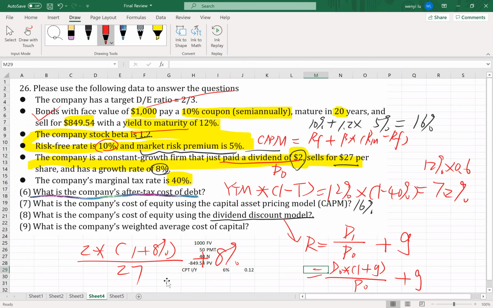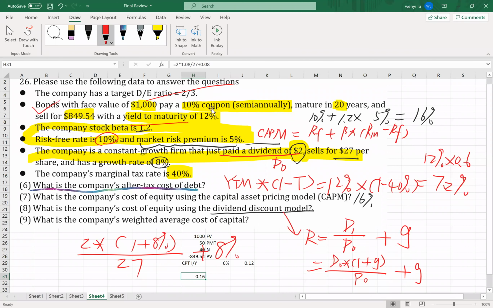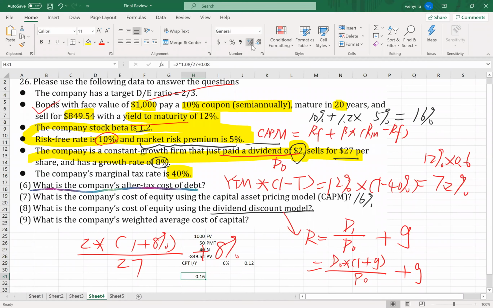You can use your Excel sheet or the financial calculator. 2 times 1.08 divided by 27, then plus 0.08, that equals 16%. You can add more decimals to check your numbers are accurate. So it's 16%, exactly the same as the value you solved in the CAPM model, which means your calculations are consistent for the two models.